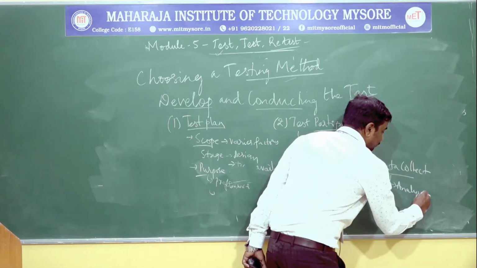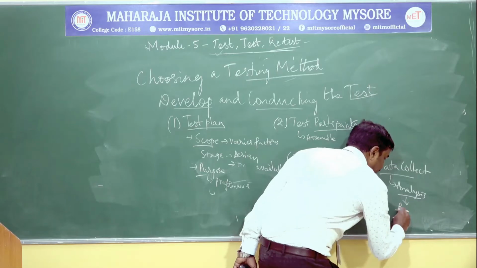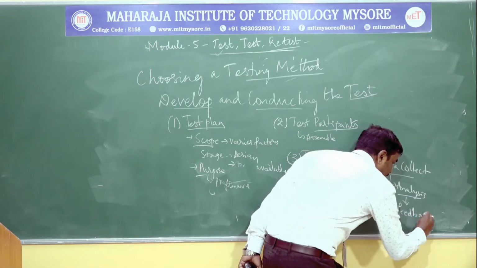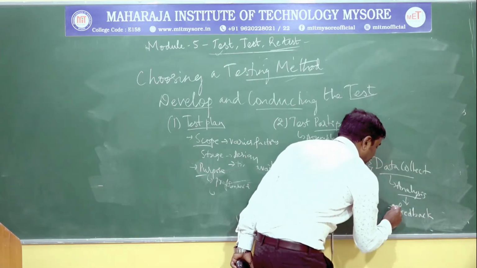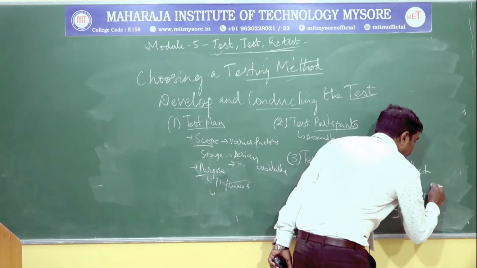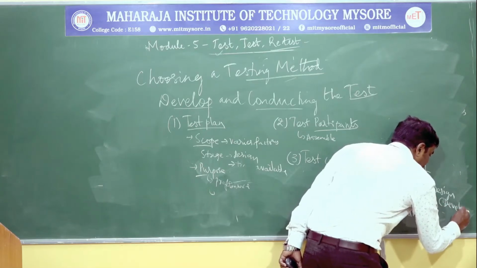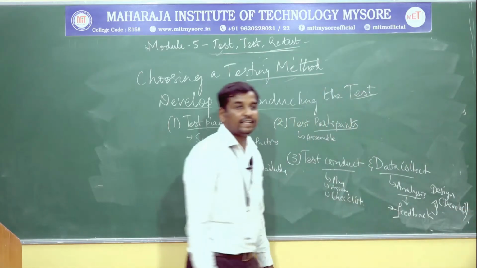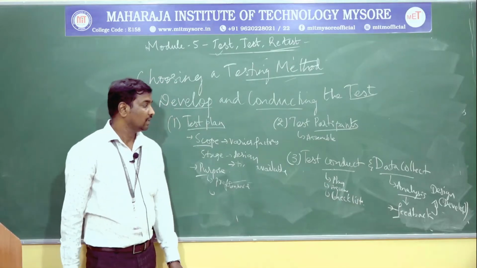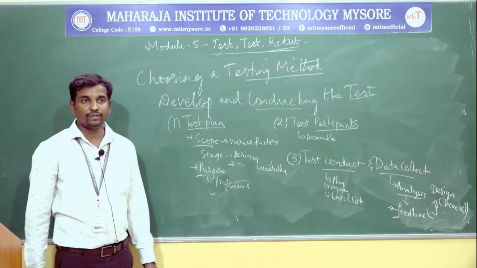From that we derive proper feedback. This proper feedback will be given to the designer or developer of the product. Like that we are carrying out the testing process when we are doing it.